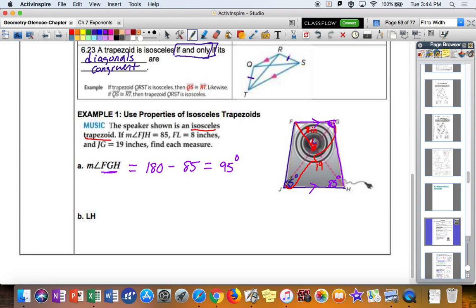So in other words, J to G has to be the same as F to H. Well, if we know one is 19, the other one has to be 19. And if we know part of it is 8, then that leaves us with 19 minus 8, which would give us 11 inches. So L to H right here would have to be 11. So 8 plus 11 is equal to that 19.